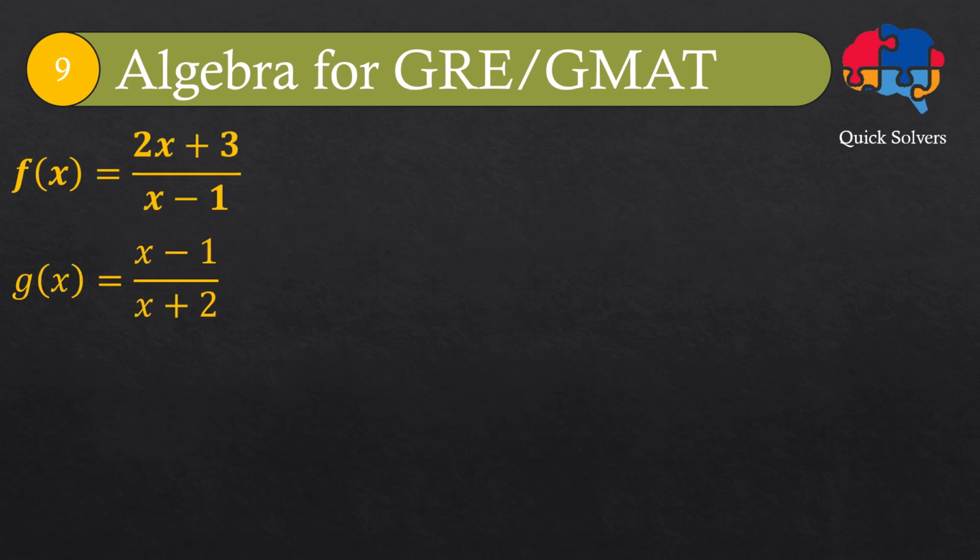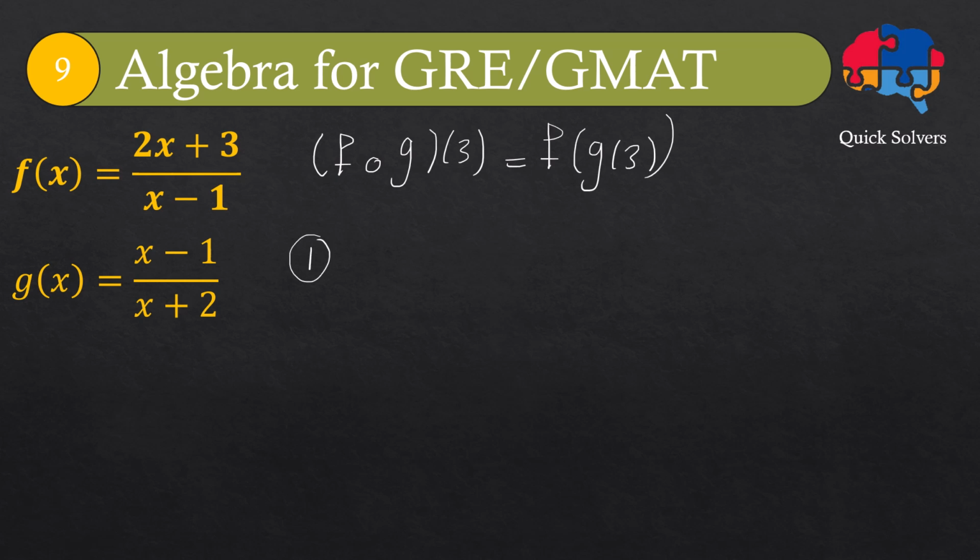What we are looking for is f of g of 3. We can write this in this format. To find f of g of 3, we have two different approaches.